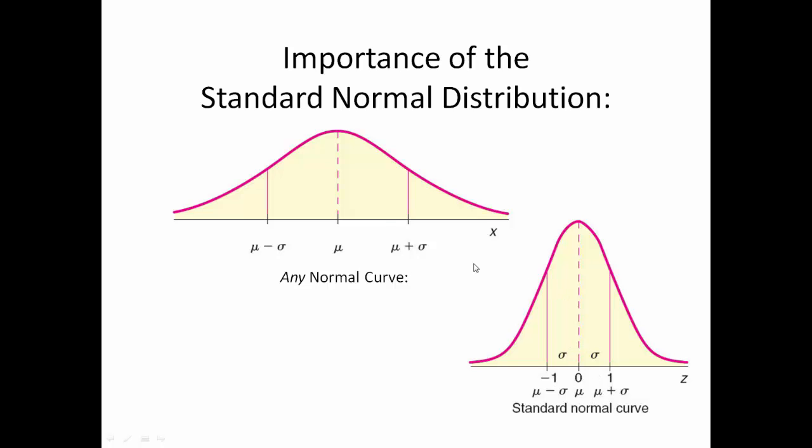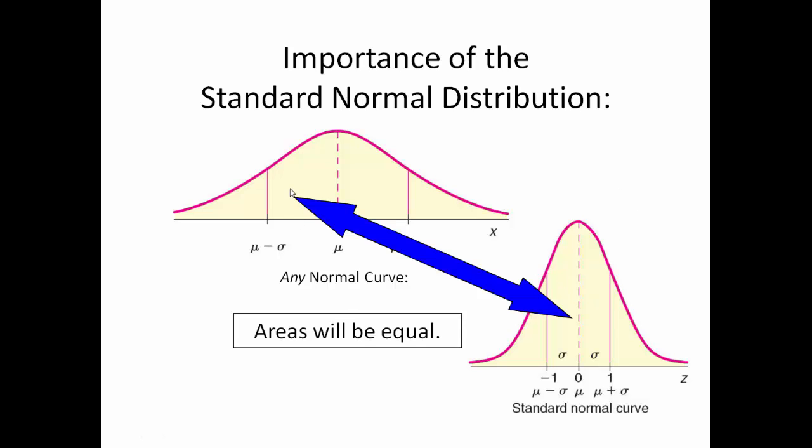As you can see, with our inflection points, any normal curve might be a little bit flatter, or with the standard normal distribution curve, the curve is a little bit steeper. In any way we slice it, the areas under the curve will be equal, and that value is 1 or 100%.